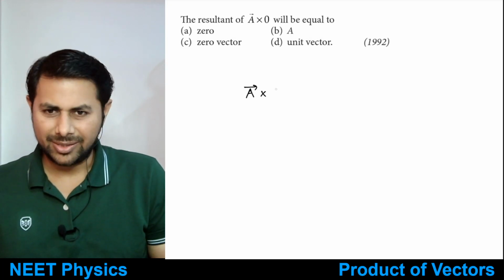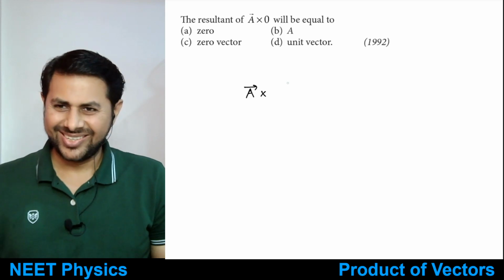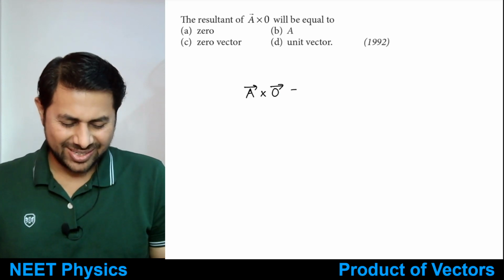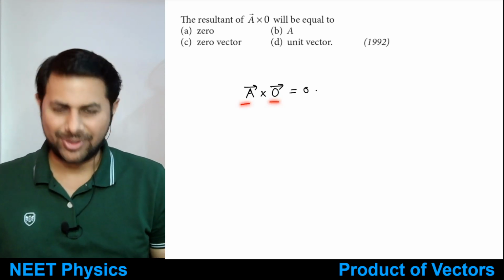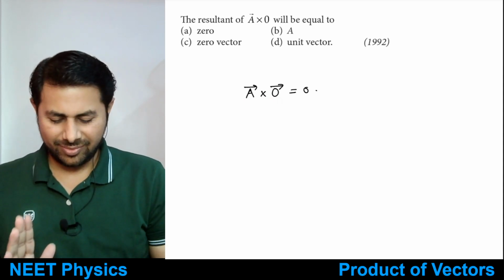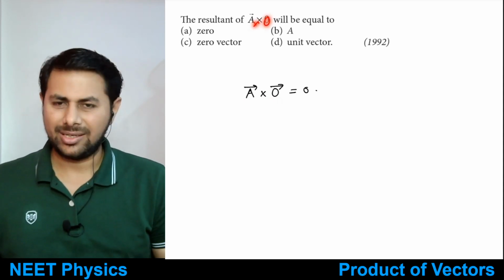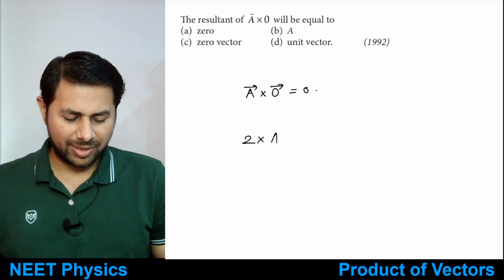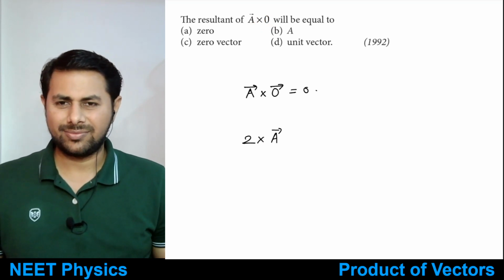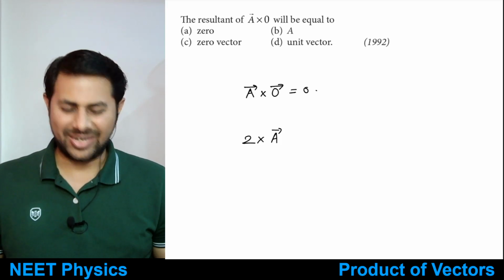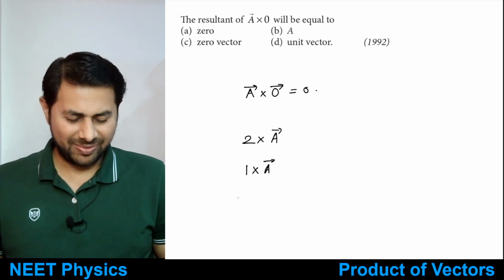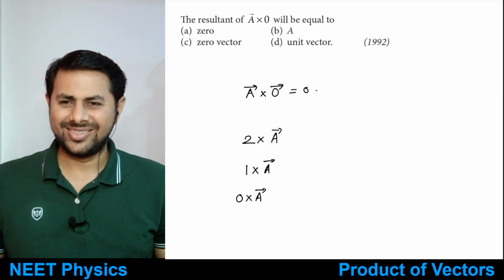A bar cross 0 bar is definitely 0 because you are taking the vector product of two vectors. Now I put this cross sign and this is a scalar, 0 is a scalar. If I write 2 times A bar, is this a scalar or a vector? It's a vector. 1 cross A bar is a vector, right? So what will be 0 cross A bar or A bar cross 0?